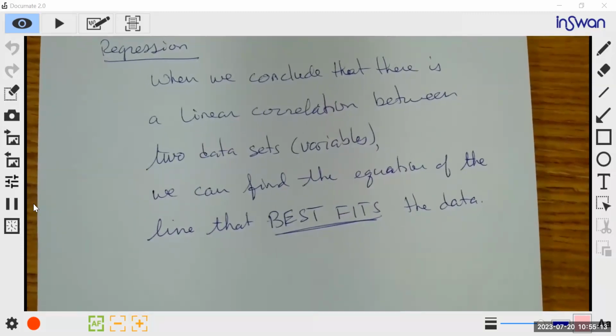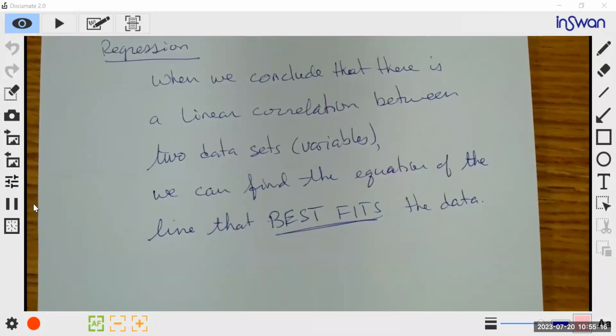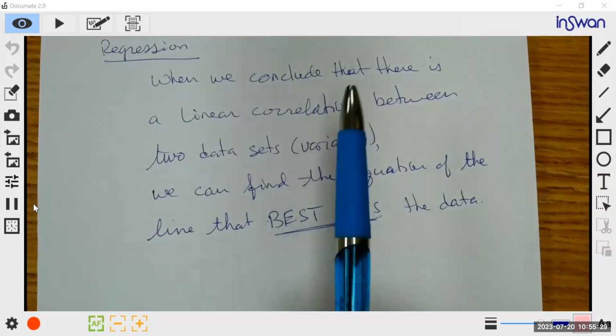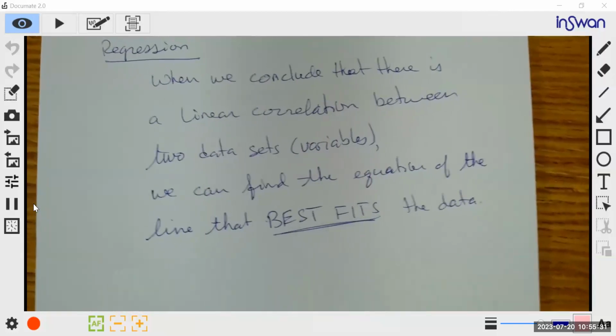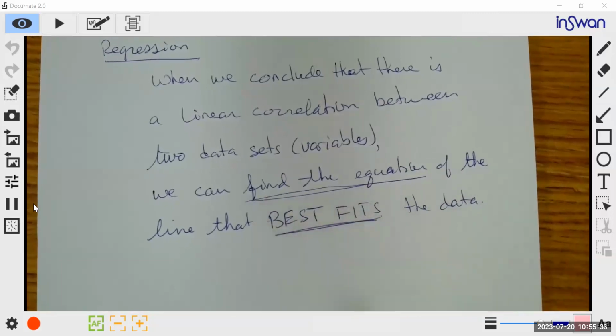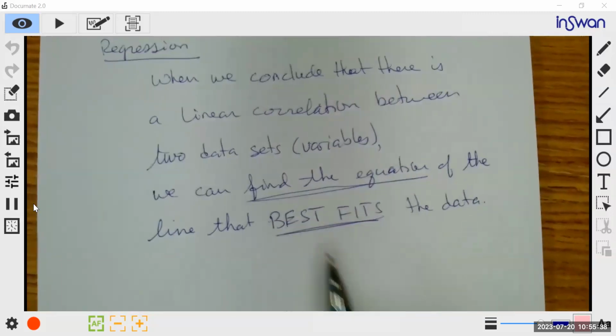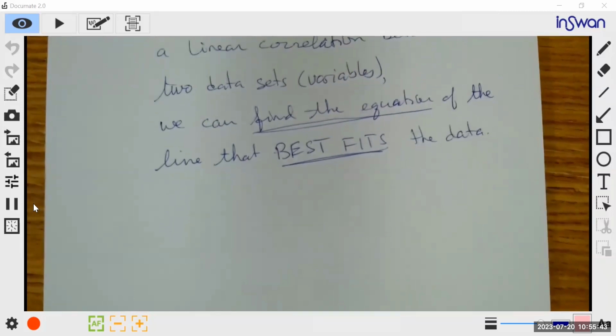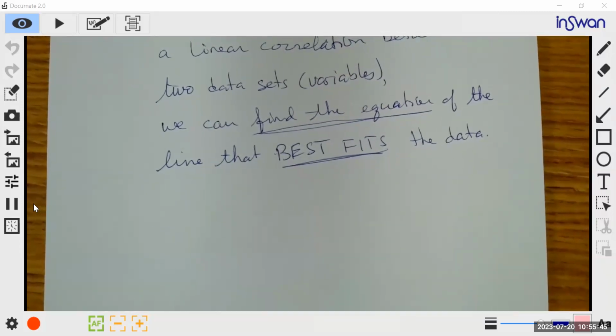Because remember, don't get all these terms mixed up. We talked about correlation, regression, coefficient. Now we talk about regression. Even though these words are used in each other's terms, correlation is going to help us do what? It's going to help us find the equation of the line that best fits the data. Why do we want to find that equation?